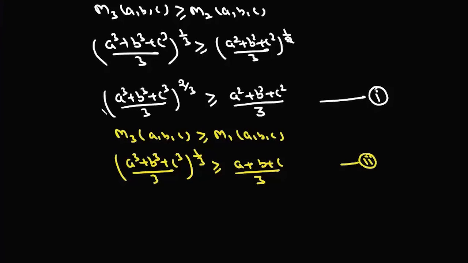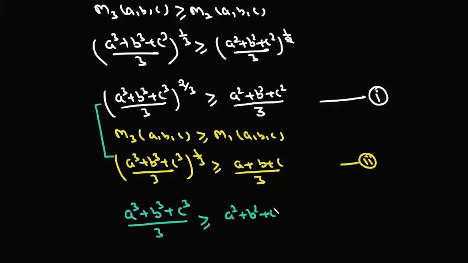Now what we'll do is we'll multiply these two. Now this is (A cube plus B cube plus C cube) upon 3 to the power 2 by 3 plus 1 by 3. So this power will be 1. So we multiply it, we get (A cube plus B cube plus C cube) upon 3 will be greater than or equal to (A square plus B square plus C square) into (A plus B plus C) whole divided by 9.